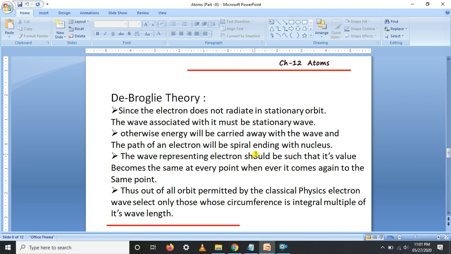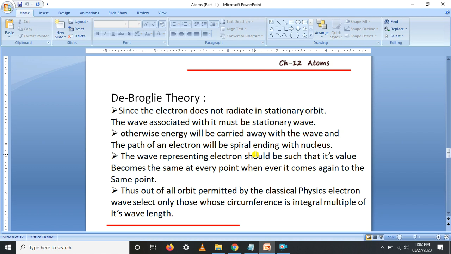The electron should be revolving around the nucleus in such a way that whenever it comes again to its same point, the total rotation is the same. And if it vibrates a little bit, and after rotation of that wave it comes to the same point, then again the radius of that orbit will be the same.